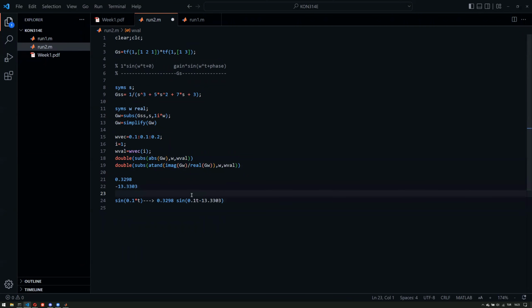Of course, since there will be more and more omega values, we will end up with more and more things like this. So it's quite easy to depict it instead of writing it down or writing it to an array. So we can plot it. We have two things to plot.